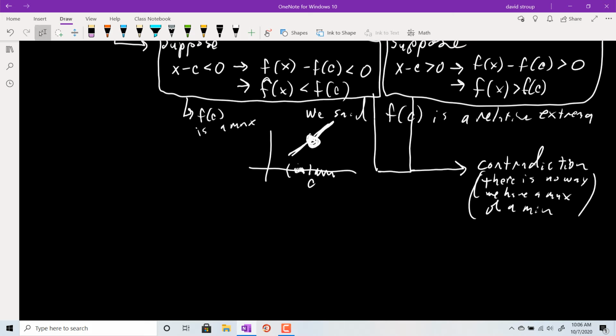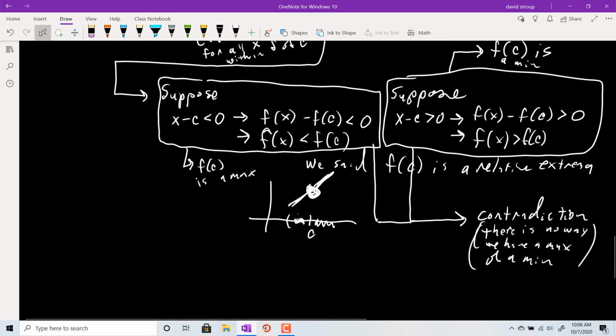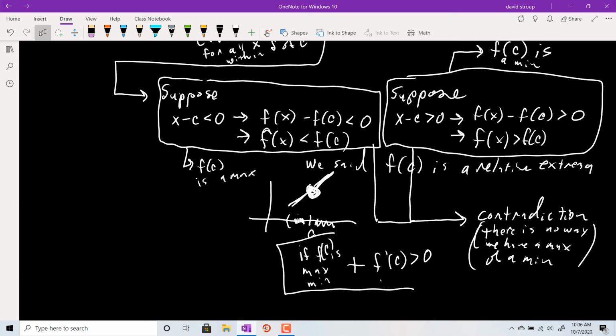So if f of c is a max or min, plus f prime of c is greater than 0, this does not work. Okay, I hope you're getting the picture.